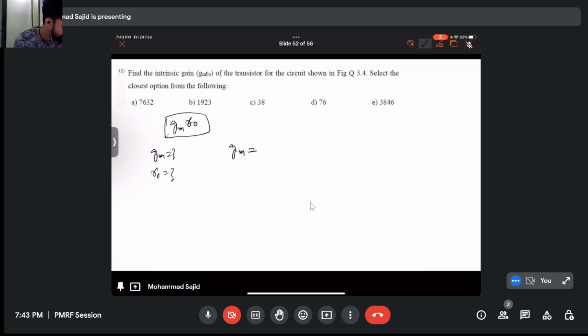GM is given as IC by VT. This will be 3.8 milliampere divided by Vt, that is 26 millivolt. So this is 3.8 by 26. Let's keep it as it is.